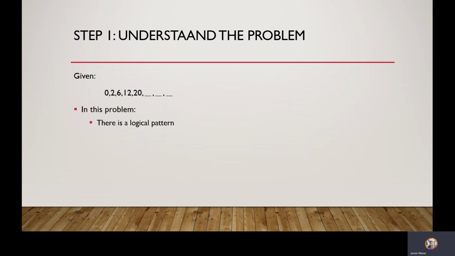And using the Polya's four steps, we will answer this problem. Step 1, understand the problem. So, given 0, 2, 6, 12, and 20. In this problem, kung napapansin nyo, ay meron ng pattern. Kaya madali na lang natin itong isosolve.